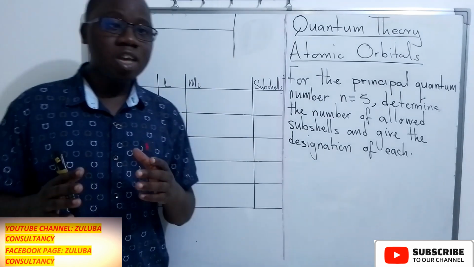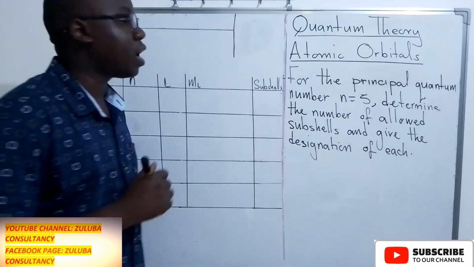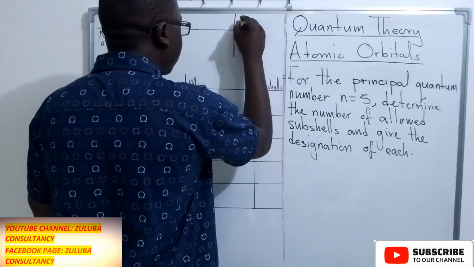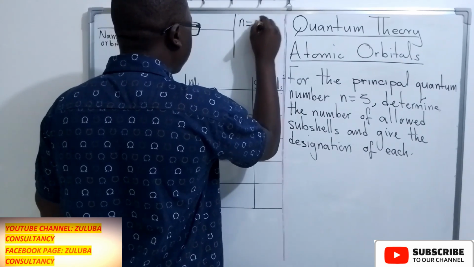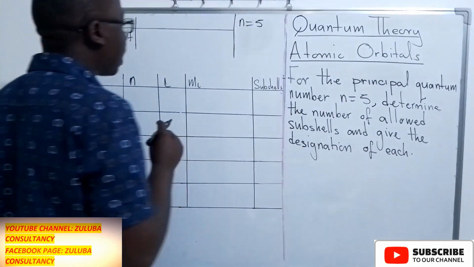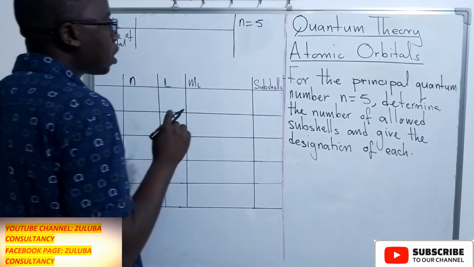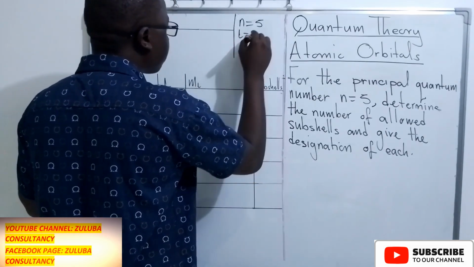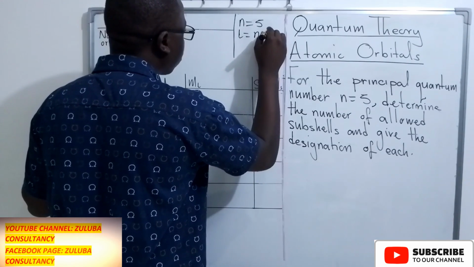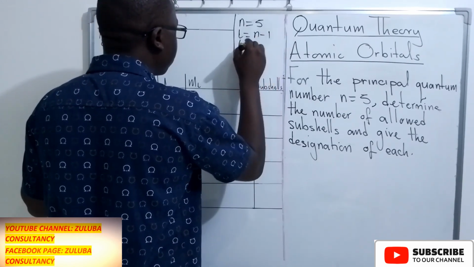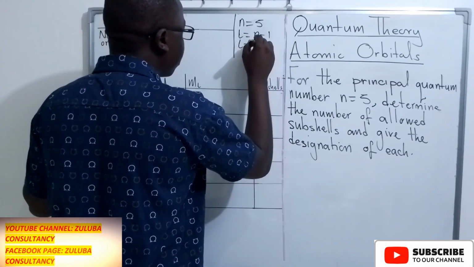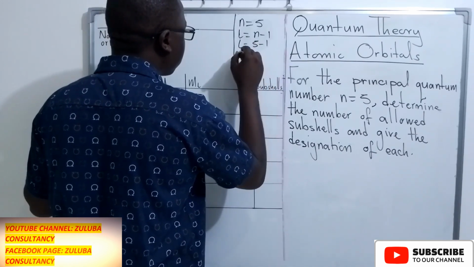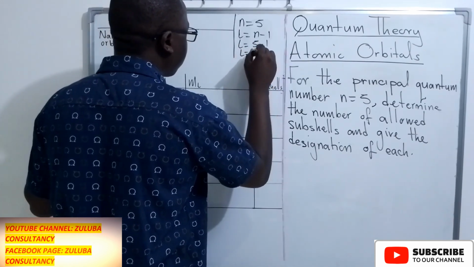Now, when you have been given the principal quantum number, in this case n is equal to 5, we can determine the angular momentum quantum number. The angular momentum quantum number is found by n minus 1. So L is equal to 5 minus 1, which is L is equal to 4.